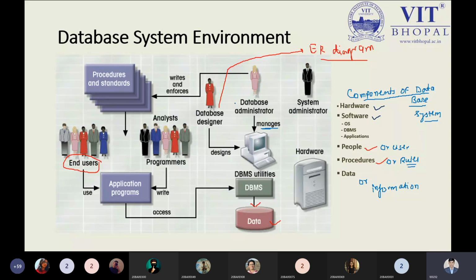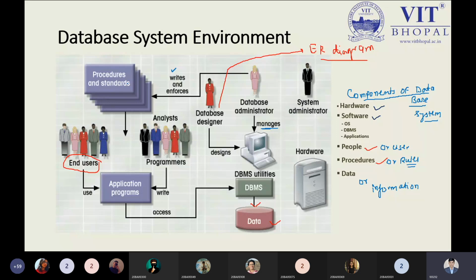But keep in mind, the database admin will write some code or some enforcement-based utility with the help of some procedures. He or she will write some procedures for our database, and some standards he or she has to use. Suppose I'm going back to my previous example.